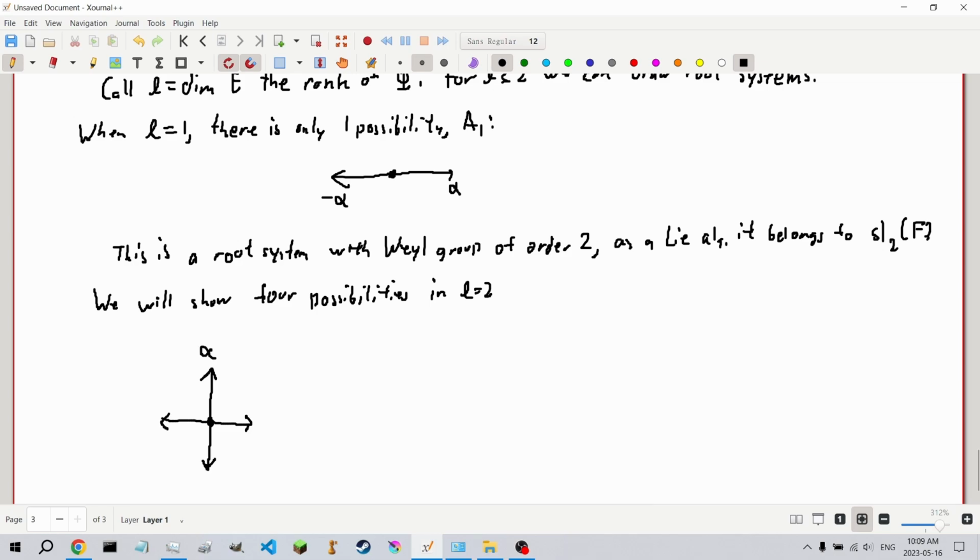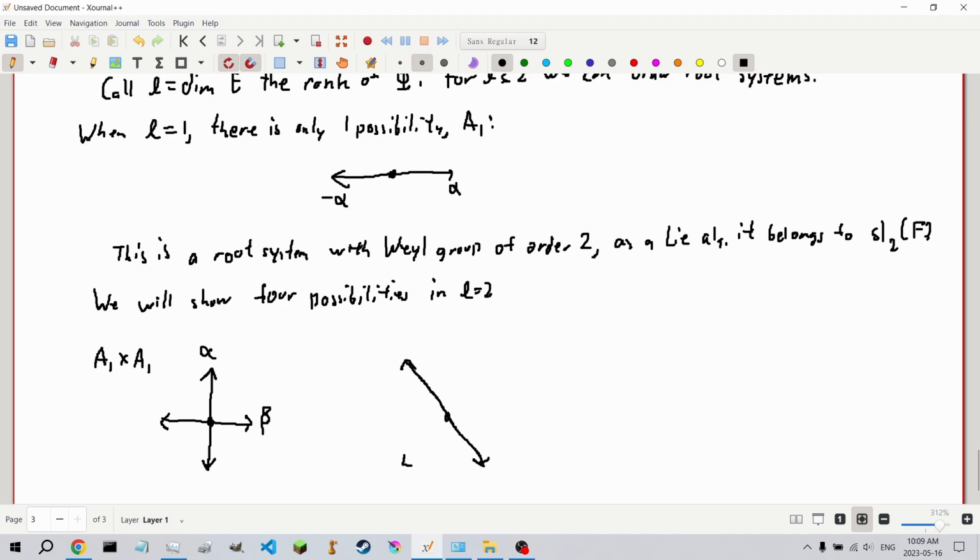Call this one alpha, call this one beta, and you see this is just A1 times A1, essentially two independent copies of it. We have this sort of hexagonal pattern.